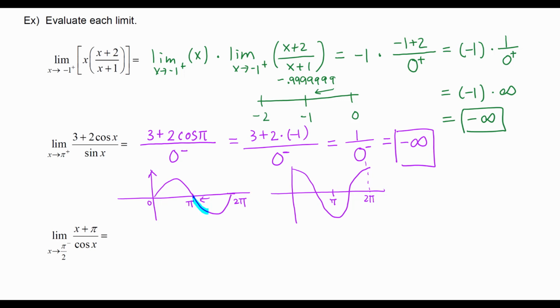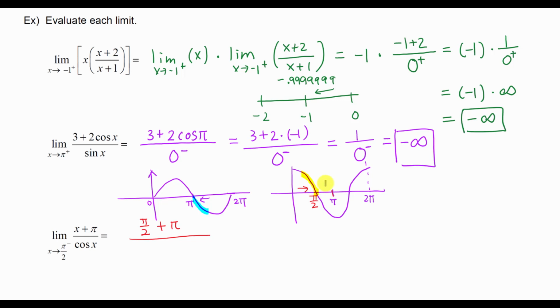Limit as x approaches pi over 2 from the left of (x plus pi) over cosine x is equal to pi over 2 plus pi. As x approaches pi over 2 from the left, this is pi, so this is pi over 2, and if x approaches pi over 2 from the left, you can see the graph is above the x-axis, which is all positive values.